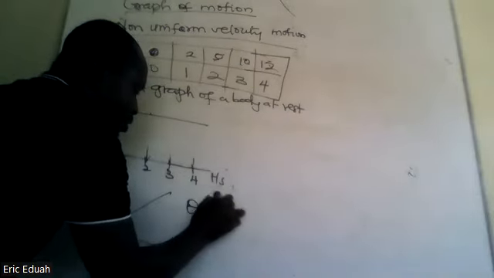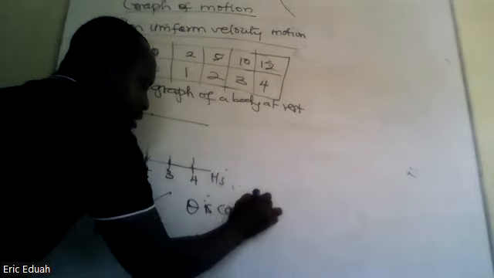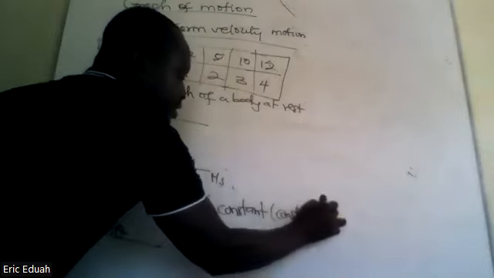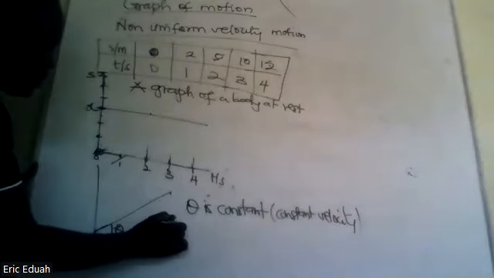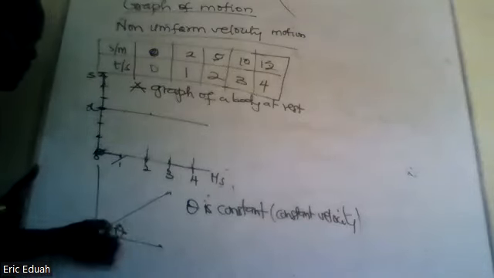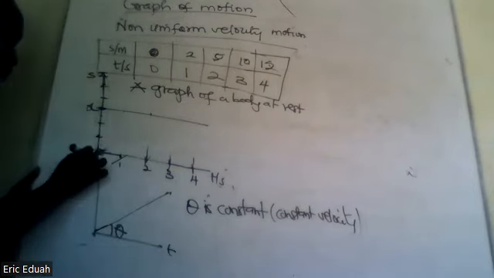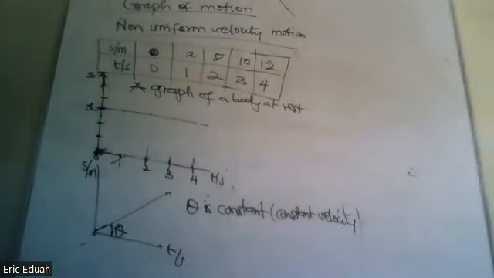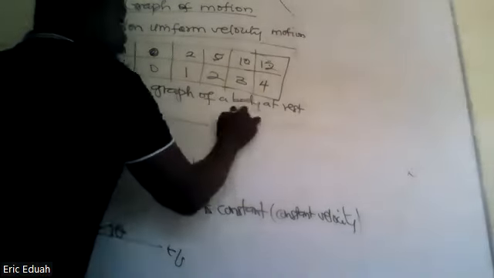So here it is the angle the line makes with the time axis. Don't forget. When the angle made with the time axis is constant, the motion has a constant or uniform velocity.